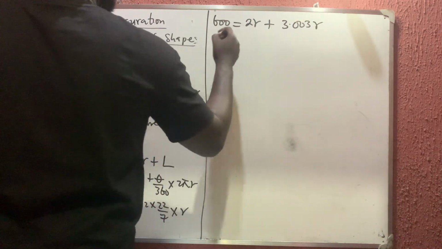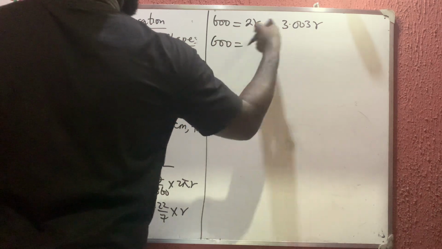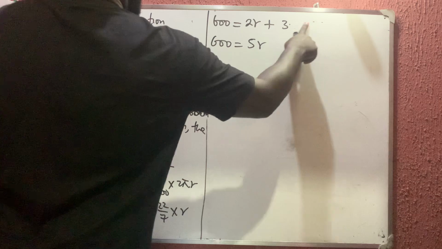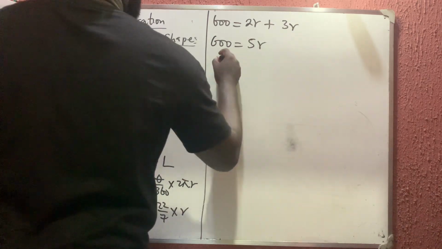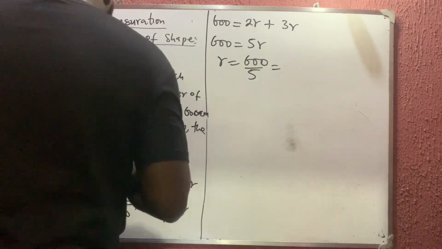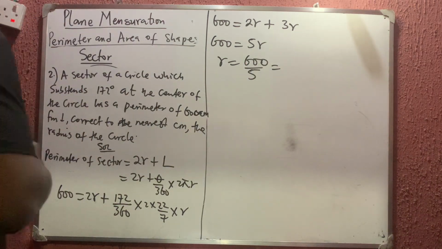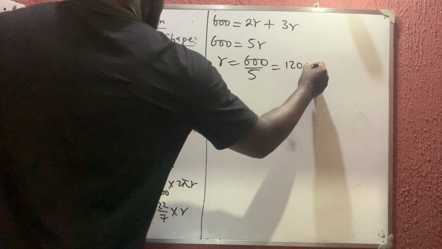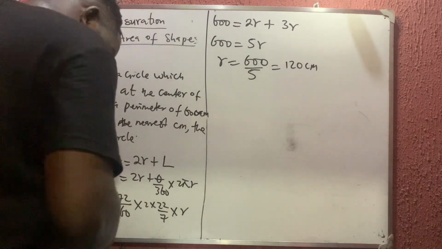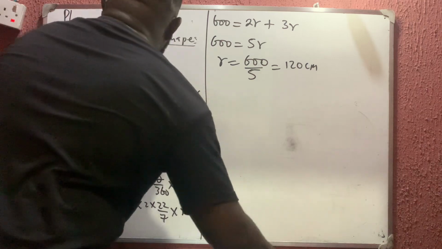Adding this, 600 is equal to 5r, taking it approximately as 3r. So my r will be 600 divided by 5, which is 120 cm. So that is that for that. We move to question number 3.